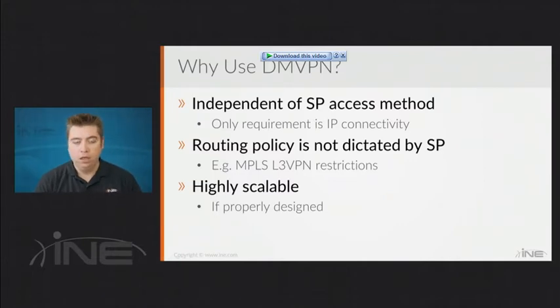So this means that if your network is already running EIGRP and you want to do a VPN deployment, you don't have to have EIGRP redistributing into BGP at the edge. So you'll see that when you're going to provision or buy MPLS Layer 3 VPN service, usually the providers are very strict as to what type of policy they're going to allow. Because from a very large scalability point of view, usually they're going to say you can do BGP routing or you can do static routing.